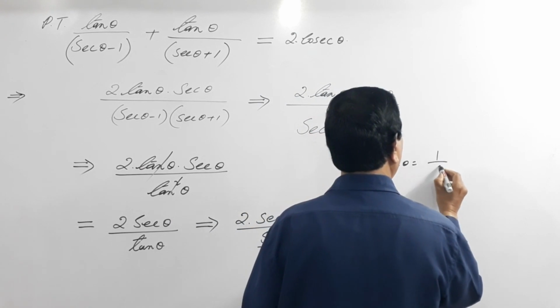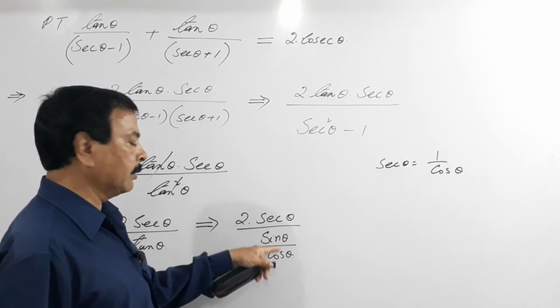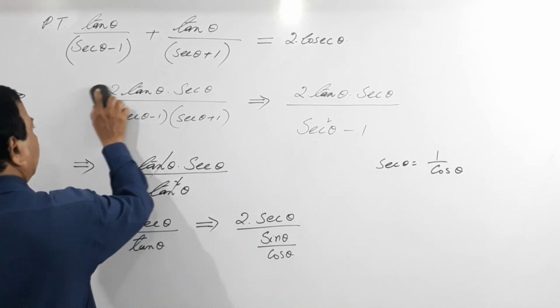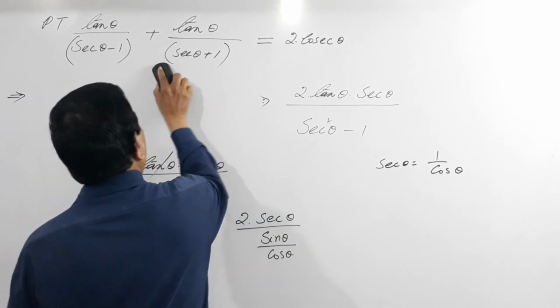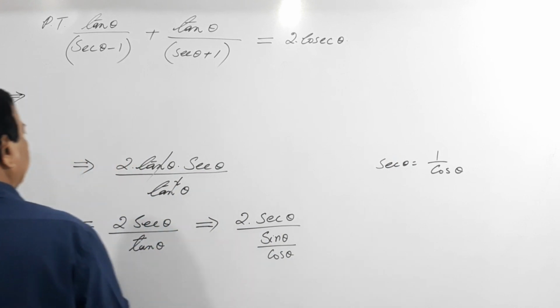Secant theta equals 1 by cos theta. So instead of secant theta, I will substitute 1 by cos theta. Let's rub this. So what will this become?